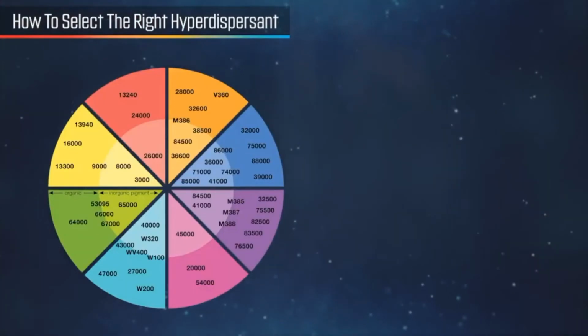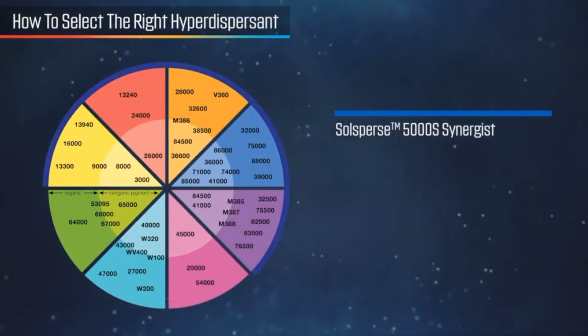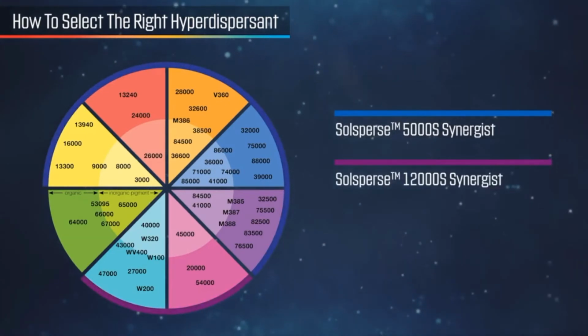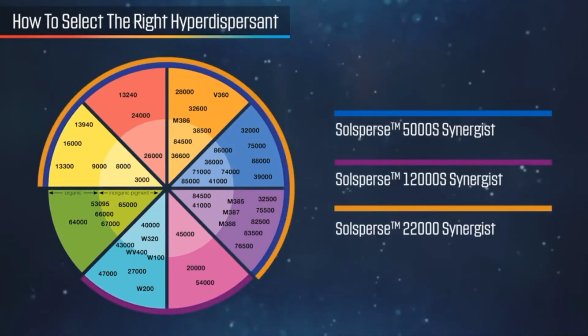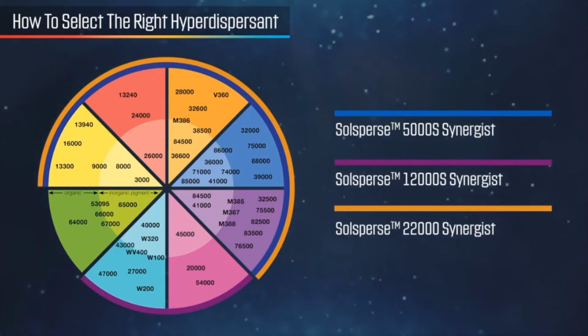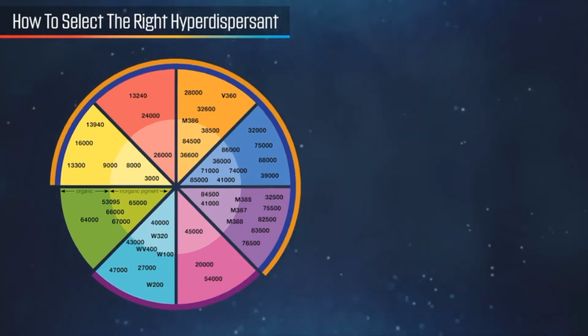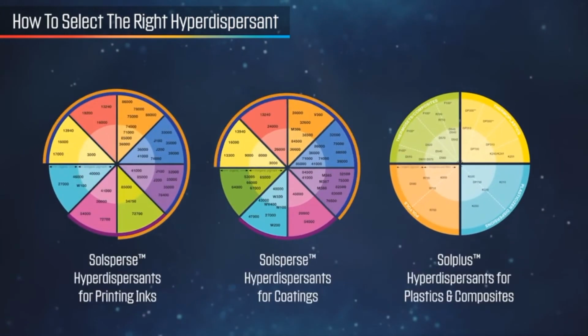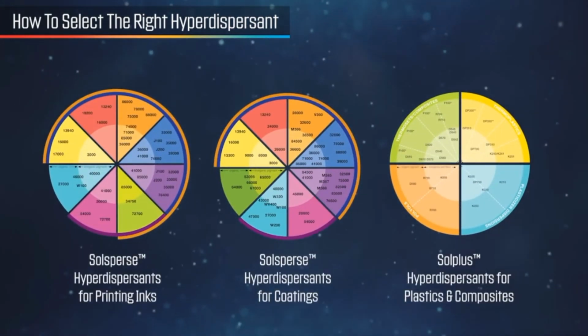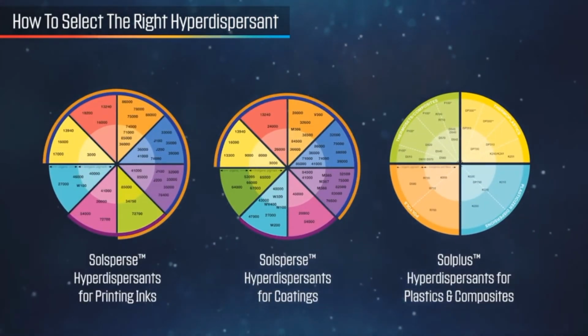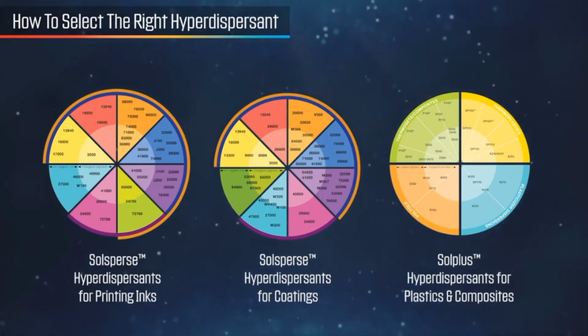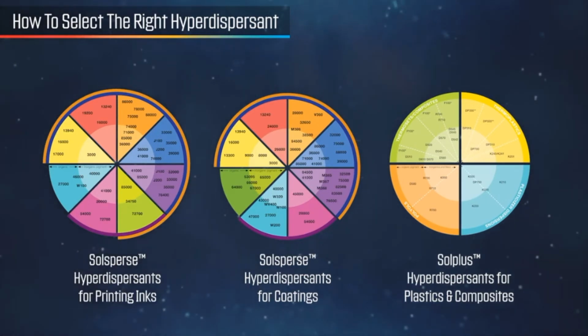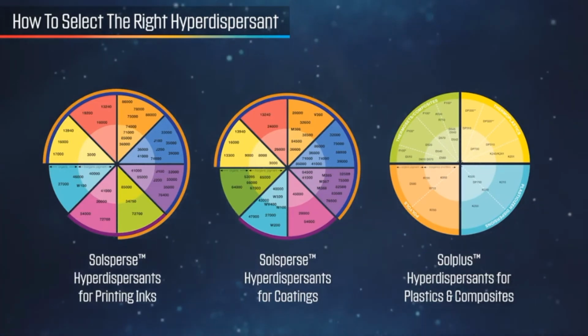With some difficult to stabilize organic and carbon black pigments, the use of a Solsperse synergist can enhance the performance of the polymeric dispersant. This is represented by the outer ring. Lubrizol maintains a portfolio of hyperdispersants for a wide range of solvents and pigment types. Implementing these steps will result in a low viscosity, high color strength, stable dispersion.